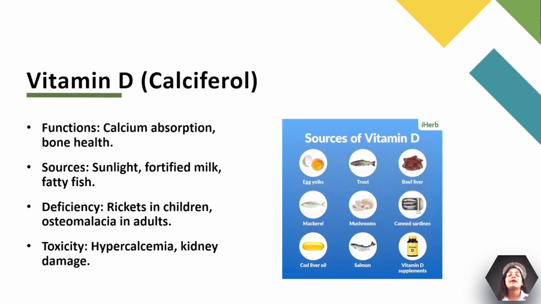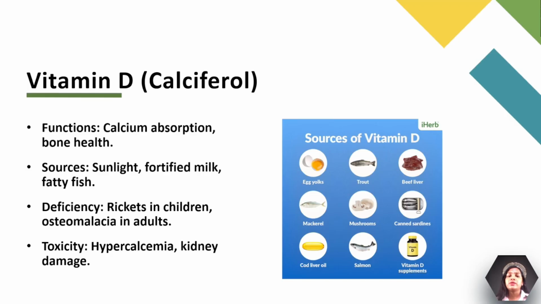If we are taking calcium from the diet, then it will help in the absorption process, plus it supports bone health. Now I have told you the sources, but overall we can also say that we can take vitamin D from sunlight, fortified milk and fatty fishes. Deficiency can lead to rickets in children and osteomalacia in adults.